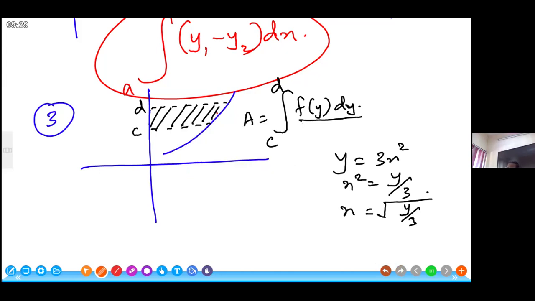Right, do you see? So this is in terms of a function of y. Okay. Right. Any questions?